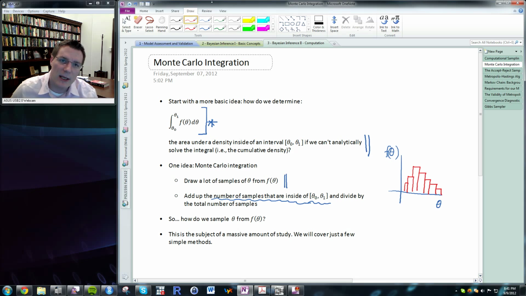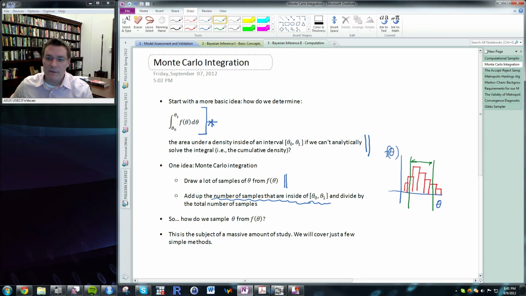And then if we want to integrate between, say, here and here, we simply add up these histograms between these 2 points. How many samples do we draw between those 2 points, and then divide by the total number of samples we drew. The end. That's it.